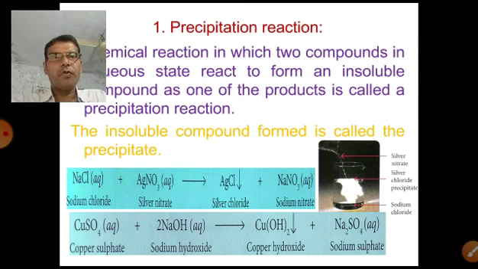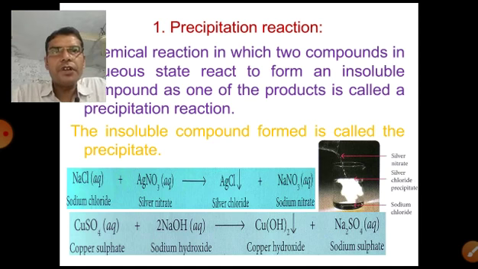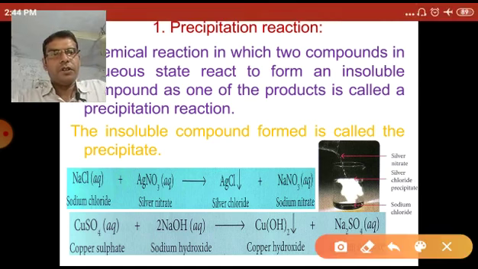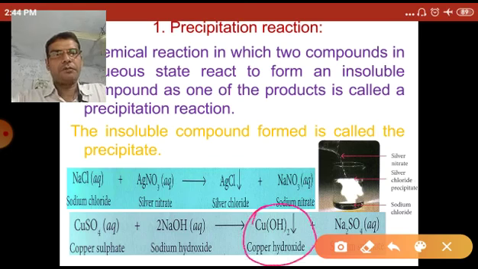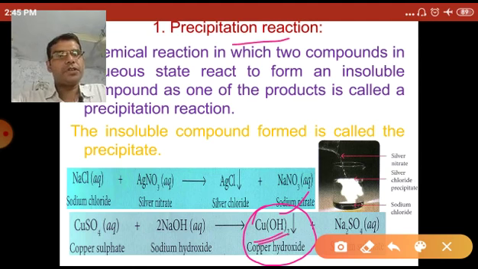So the appearance of the precipitate of copper hydroxide indicates that this is a type of precipitation reaction, because in this reaction the precipitate appears in the product after completion of the reaction as copper hydroxide.